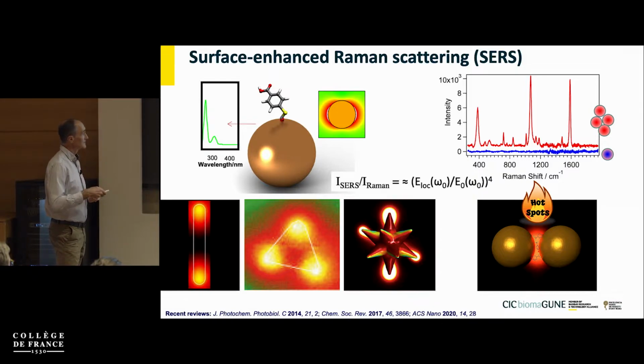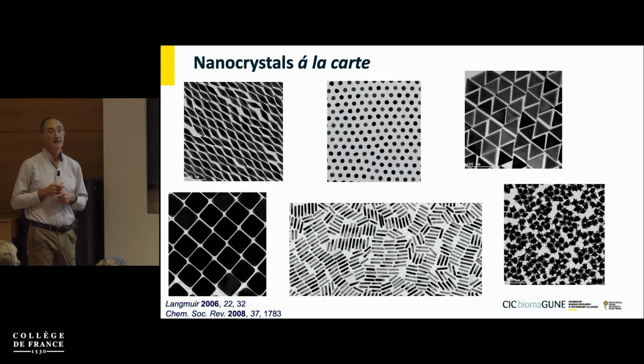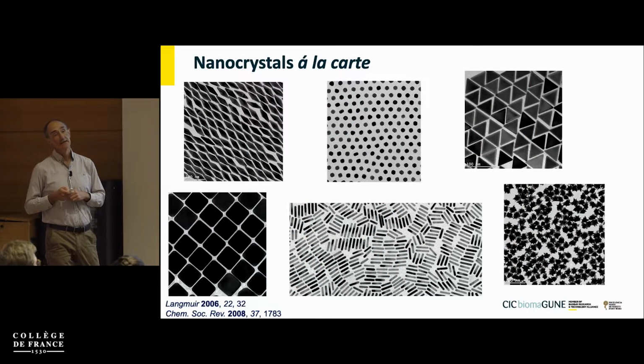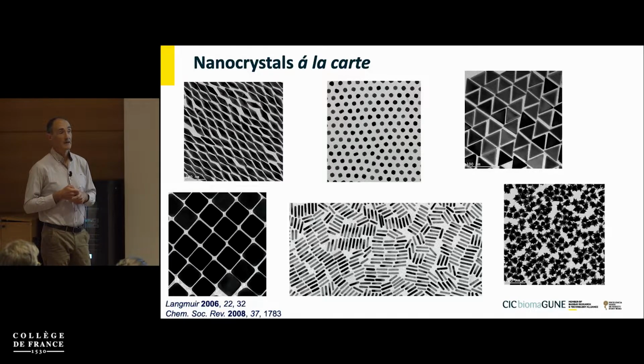Now, in order to do this, as you have seen, we can make particles of many different morphologies, and we can tune the dimensions, and we can tune the anisotropy, so we can select the morphology that is most efficient for the application, maybe related to the enhancement of the electric field, or adapted to the wavelength that we need to use for our application.